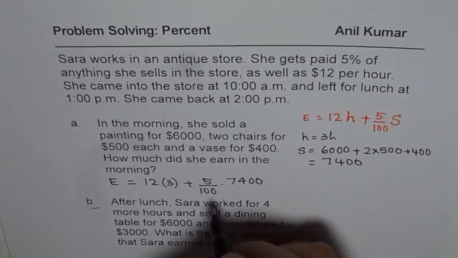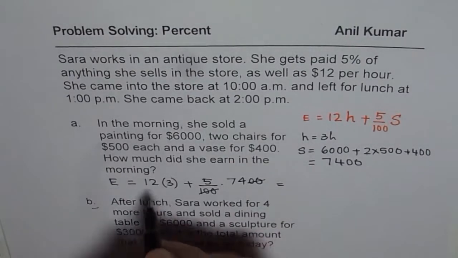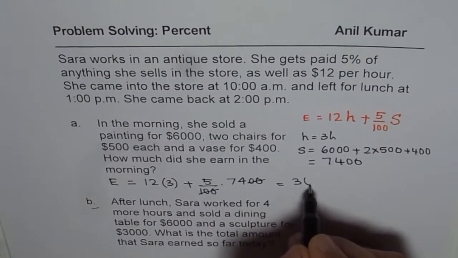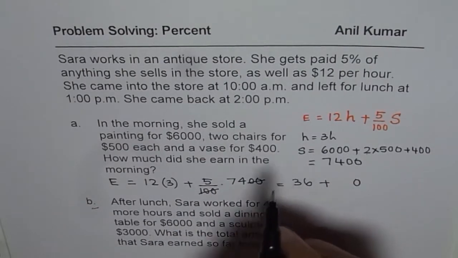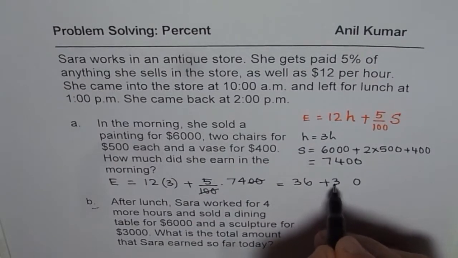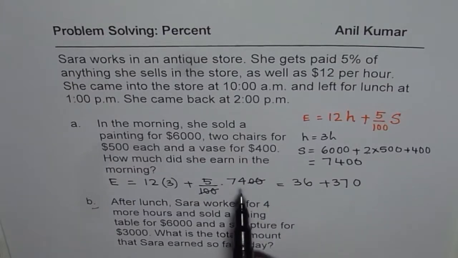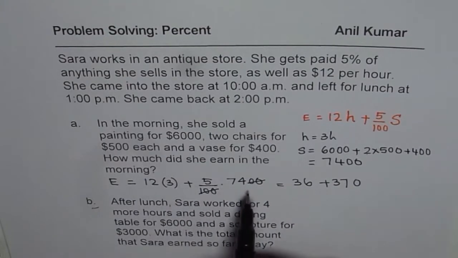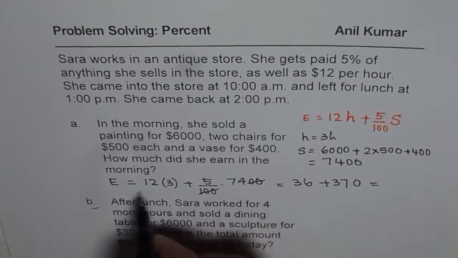So 100 cancels, and we get 12 times 3 as 36, plus 74 times 5, which is 370. That is the commission on sales. When you add these two, you get her earning in dollars.